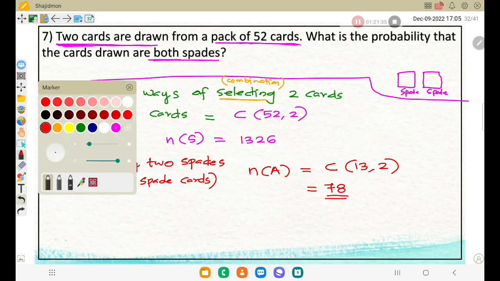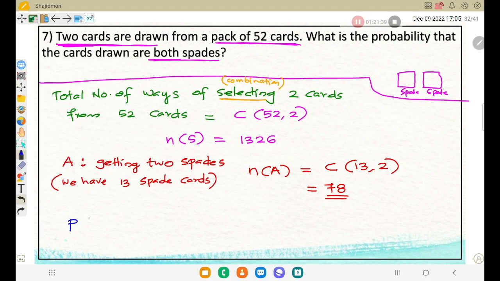Now we can calculate the probability. What is our question here? Probability that both cards drawn are spade cards, correct?